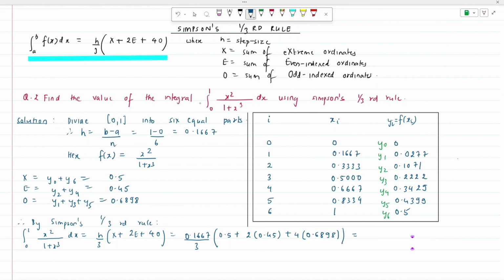Now, once you feed all these values on the calculator, you are going to get the answer as 0.2311. So this is the answer by Simpson's one-third rule.